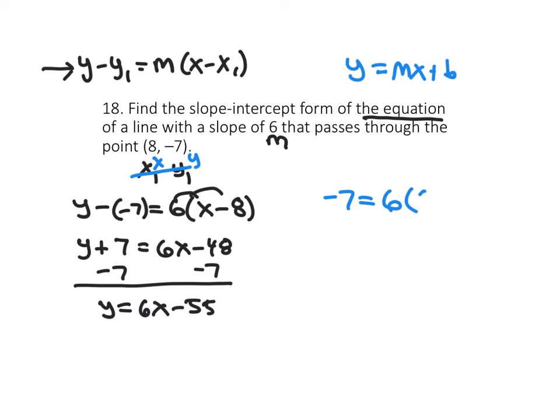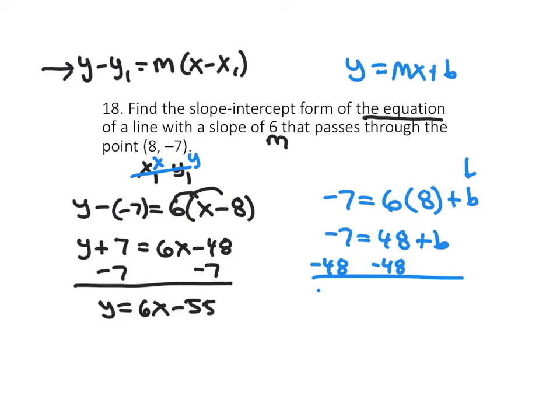I replace x by what it's equal to, 8. And I need to solve for b. 6 times 8 is 48. And to solve for b, I subtract 48 from both sides. -55 equals b.